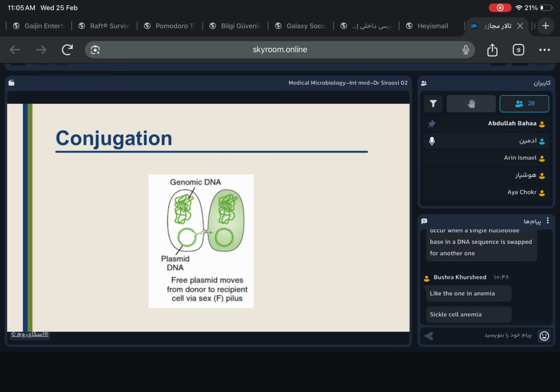So only one strand of the plasmid DNA is transferred through the sex pilus from the donor to the recipient cell.